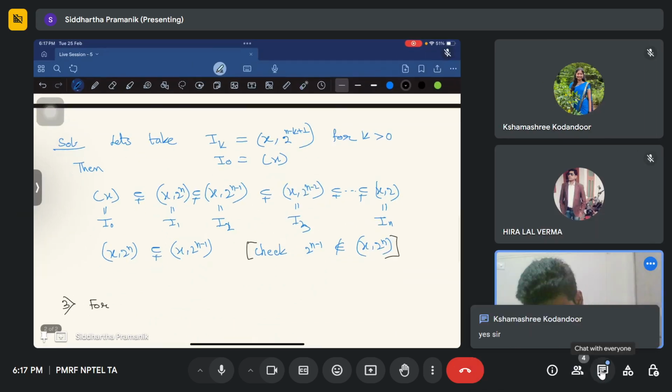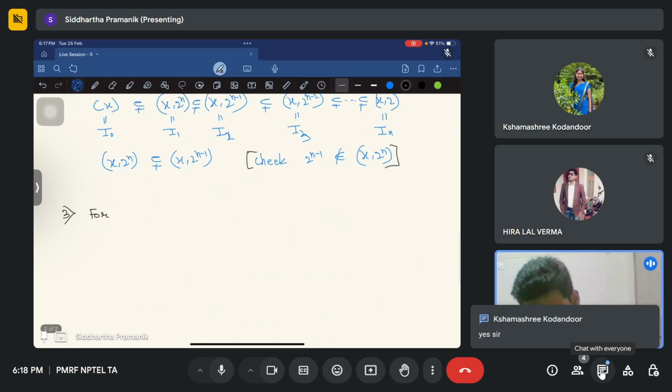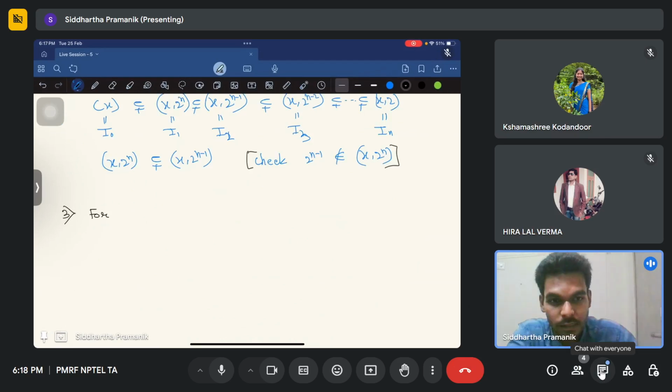Okay. So now I am saying that every ideal in Z[x] is finitely generated, right?